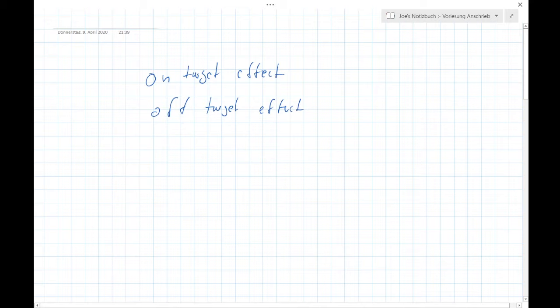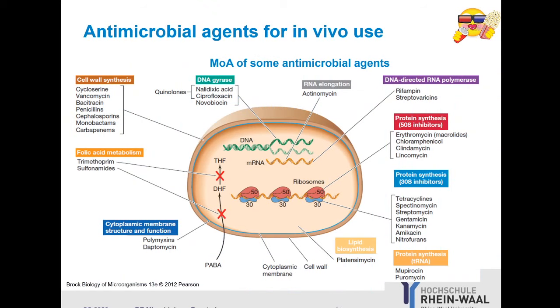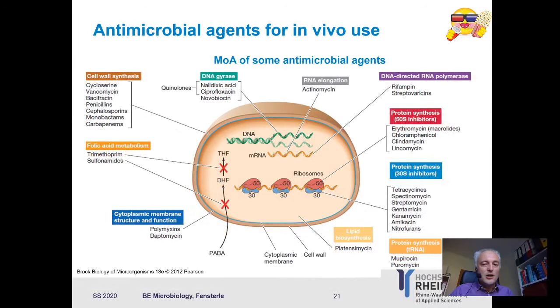Now, what does on-target effect mean? On-target effect means it's an effect if you have an antibiotic which works, for example, on the ribosome. Of course, all effects which are due to this are on-target effects.